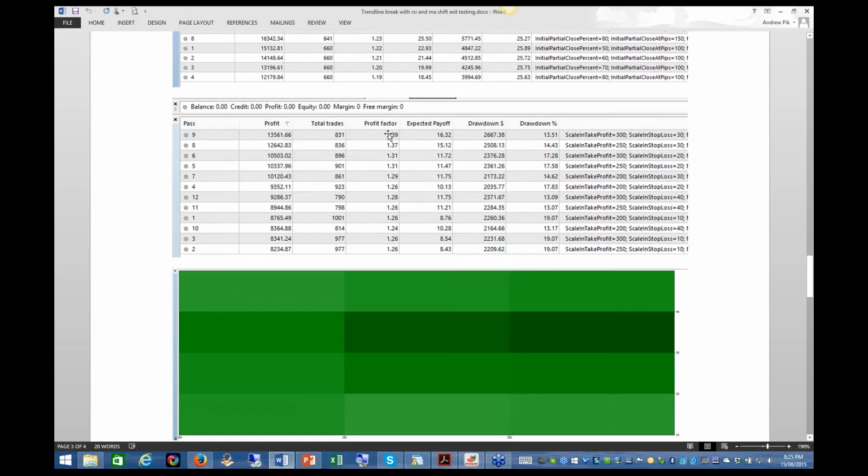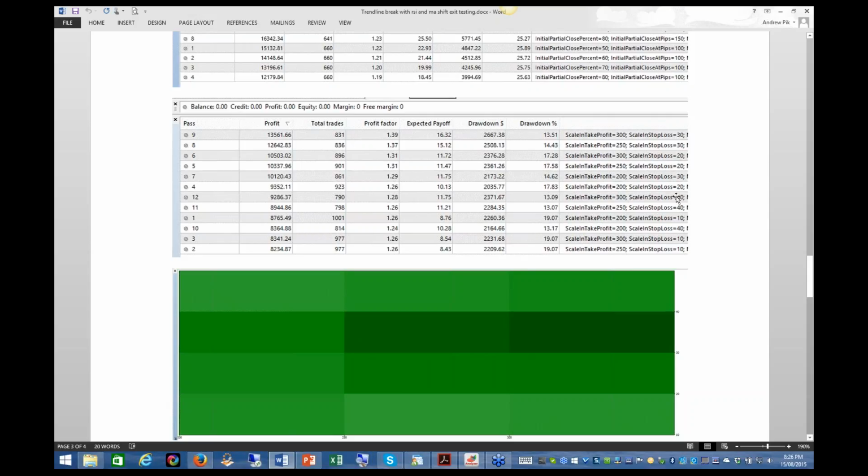Profit factors from 1.39 to 1.26 with the respective payoffs, and the drawdowns varying from 13% to a high of 19%. So not too far off, but I could achieve that by taking my scaling profit target from 300 to as low as 200, and my stop losses from as low as 10 to a high of 40.